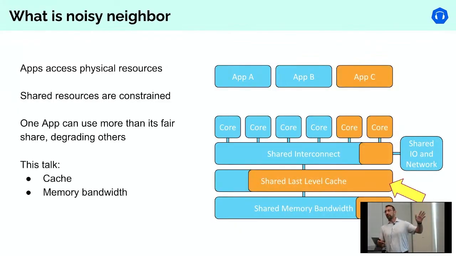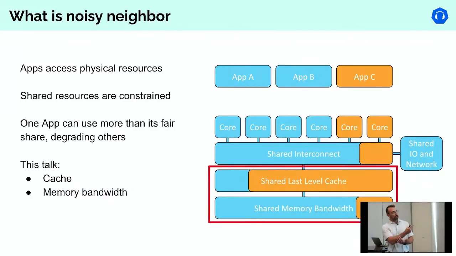When one application, like the one in orange in this slide, uses a lot more than its fair share, then other applications cannot reach that resource, so their performance degrades. And that's noisy neighbor. And in this talk, I'm going to discuss these two resources, cache and memory bandwidth. Cache is the memory that's on the CPU.